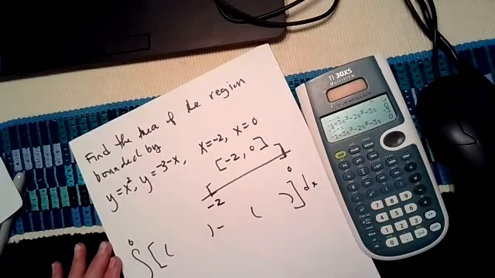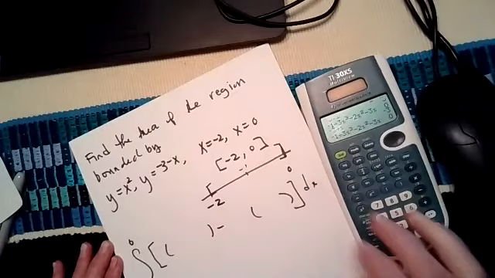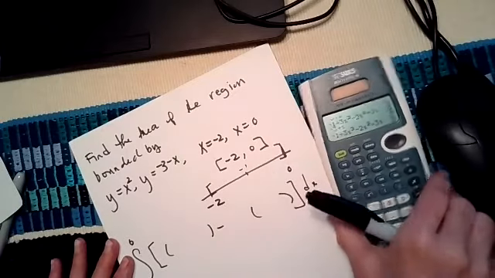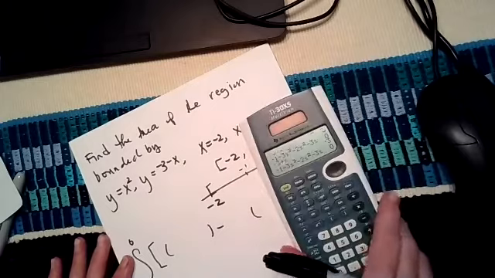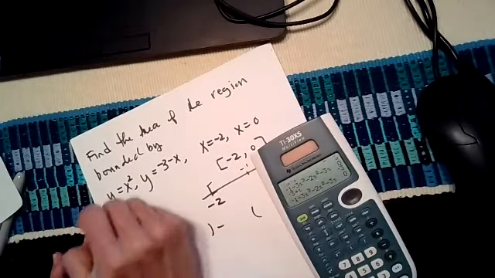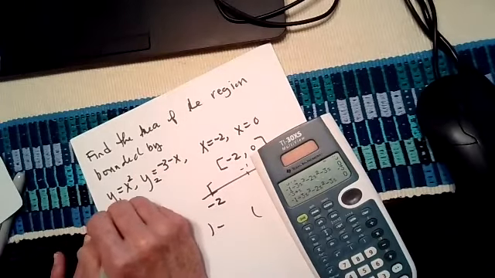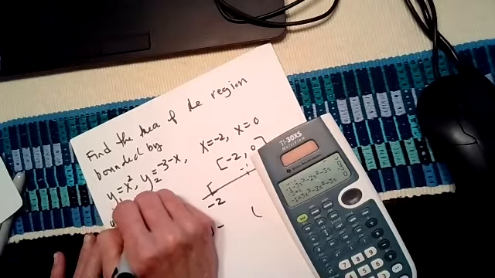Okay, so what number are we going to plug in? Some number in between negative 2 and 0? It's negative 1, right? So I'm going to plug negative 1 into both of my functions. And I'll call this y1 and y2. So y1 at negative 1 is just 1.